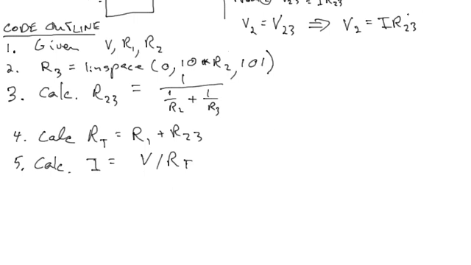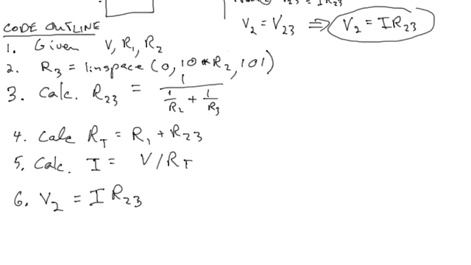and then I'm going to use this formula for V2. Again, I'm really going to need the dot slash there. V is a number, but I'm dividing by 101 values, and that'll give me 101 values of I. And then V2 is equal to I times R23.